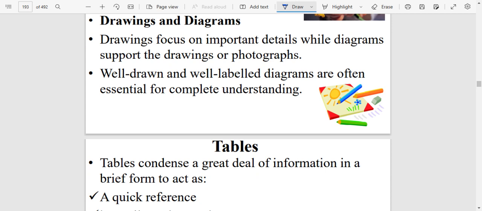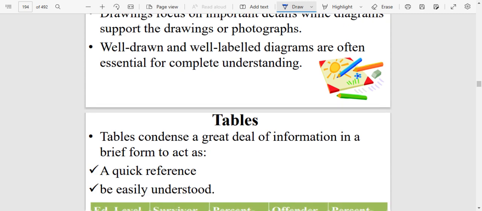We also have drawings and diagrams. Drawings focus on important details, while diagrams support the drawings or photographs. Well-drawn and well-labeled diagrams are often essential for complete understanding. When I'm talking about drawings and diagrams, the drawing is going to focus on important details. For example, you are going to draw a cell including also the organelles.